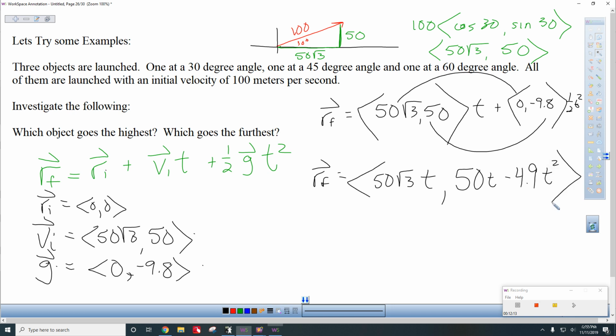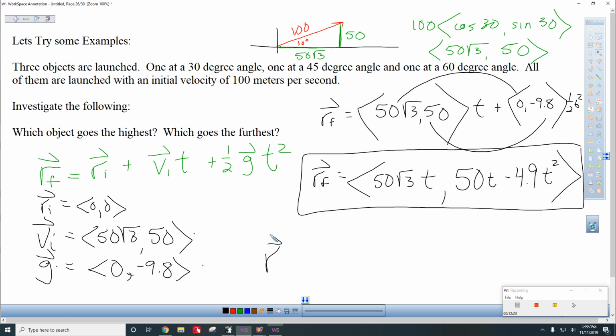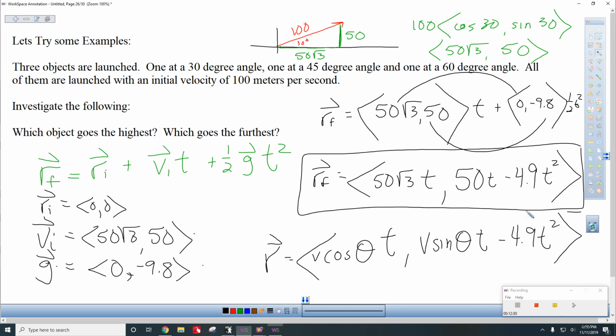Alright, so we are going to primarily look at this. Another way to write the final position vector function in general is then cosine theta times initial velocity t, v sine theta t minus 4.9 t squared. That's the one I'm going to use the most often. Okay?